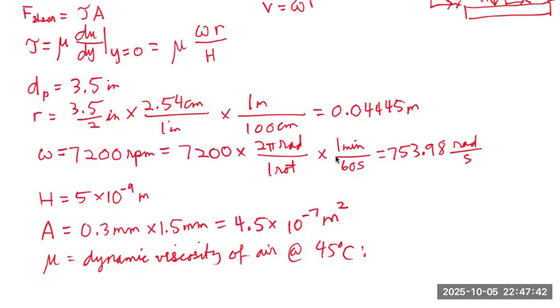Let me go Google it. A quick search online gives us that the dynamic viscosity of air at 45 degrees Celsius is about 1.941 times 10 to the negative 5 pascal seconds. And now we have all the needed information to plug into our equation.